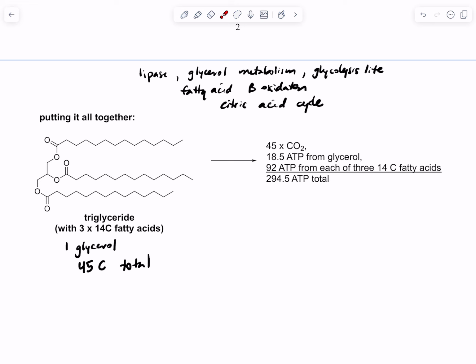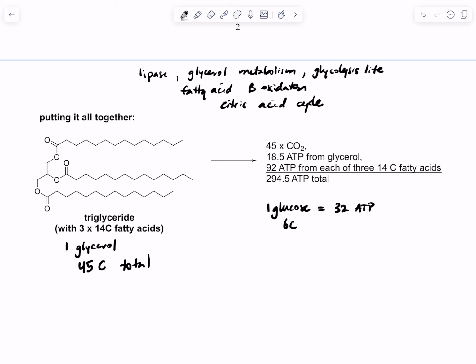Now remember, just for comparison, one glucose, which is 6 carbons, equals 32 ATP. So molecule per molecule, triglycerides lead to way more ATP.